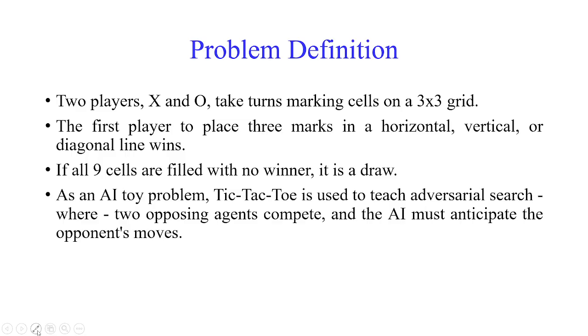When I say a 3 cross 3 grid, how does a 3 cross 3 grid look? It's a simple 3 cross 3 grid, right? If you place X, X, X like this, you're the winner. If you place diagonally, you're the winner, whoever places it.